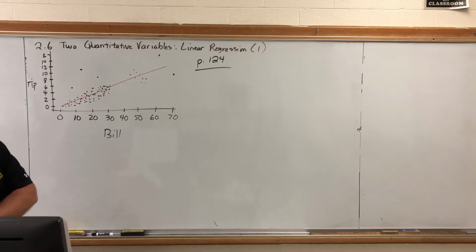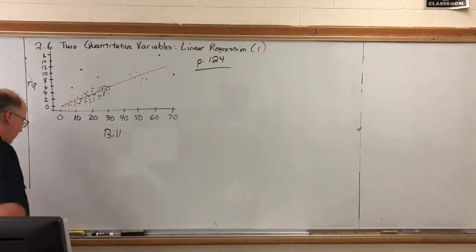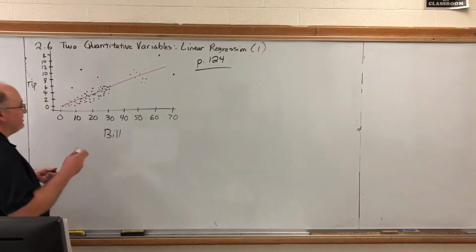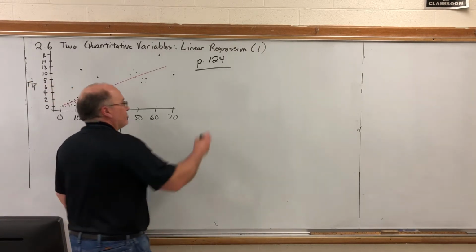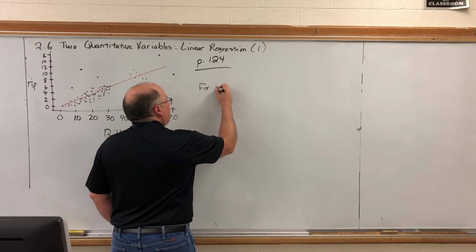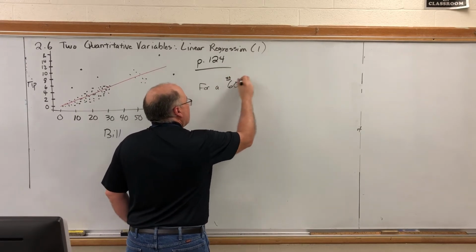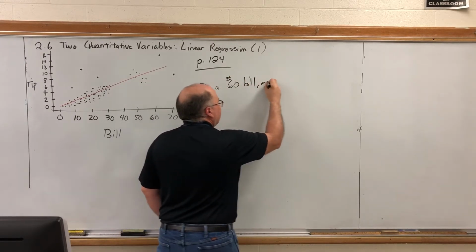But let's talk about what we can infer just from this scatter plot. Let's say that we had this scatter plot and the line of best fit that goes with it. And we were to ask a question like, what estimated tip would there be for $60? So for a $60 bill, estimate the tip.